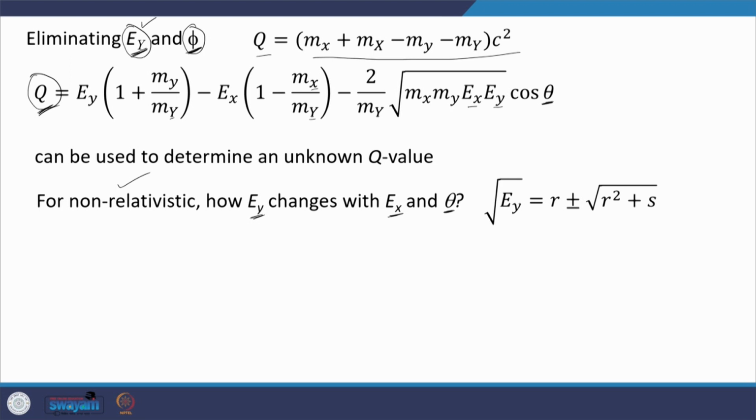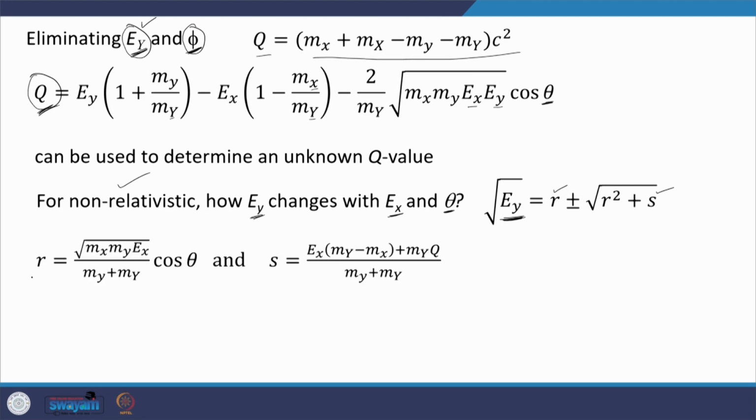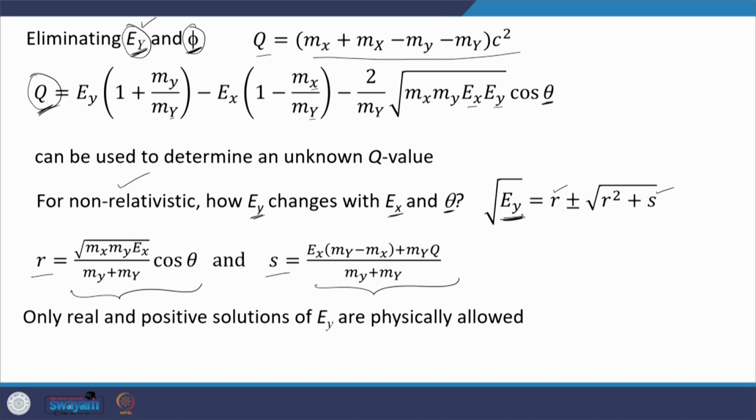So, if we do simple mathematics, one can come up with an expression for the energy of the ejectile in terms of two symbols, small r and small s, where small r and small s can be given by these two terms. Okay. You can easily work it out. Now, you see, we are interested in knowing the change in the ejectile energy with respect to the incident beam energy and the theta value.